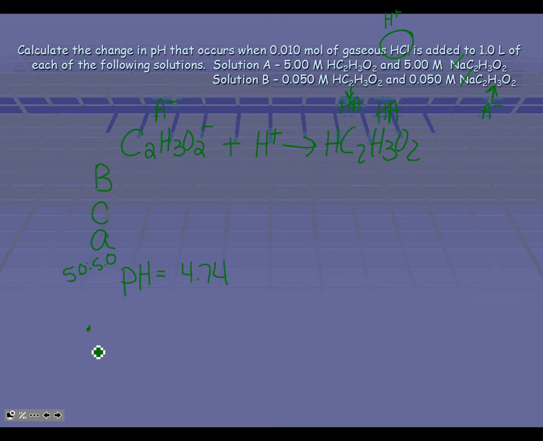Now if we look at our 0.05 compared to our 0.05, the pH is 4.56. It didn't change a lot, but it doesn't have near the capacity of our other one. So yeah, we're going to see some change occur. So you work through that and show me in class that you came up with those answers.